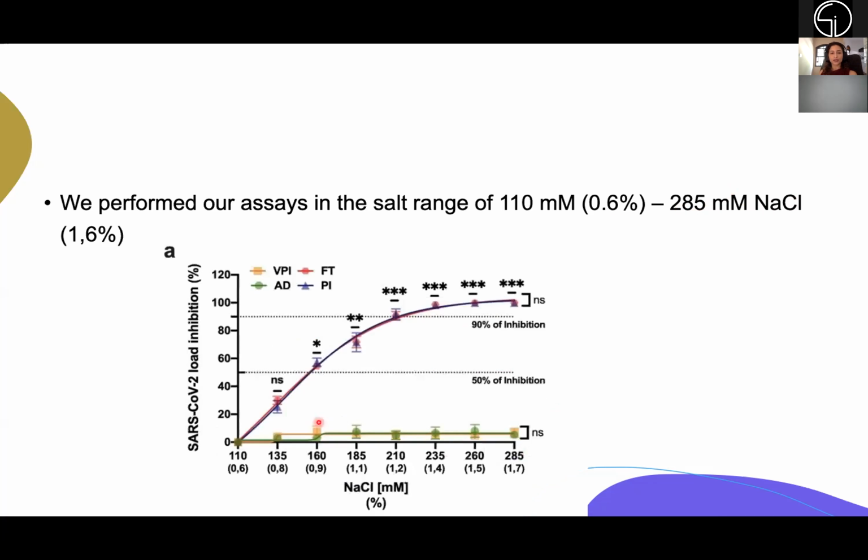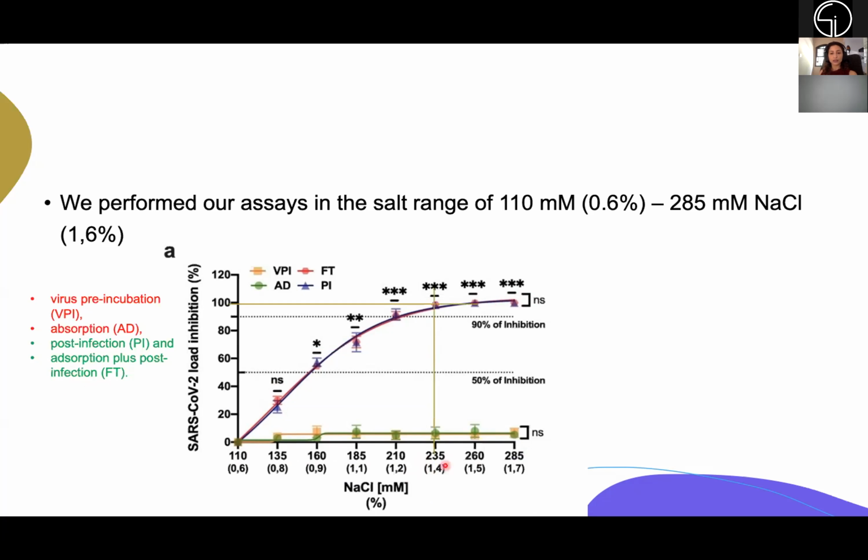So what we saw is that in the two conditions that we test here, the post-infection and adsorption plus infection, that I'm going to explain: you treat the cells with salt for 2 hours and after you add the virus and keep it for 72 hours, or you add the salt with the virus since the beginning and keep it for 72 hours, the replication of the virus is decreased, and in a dose-dependent way.